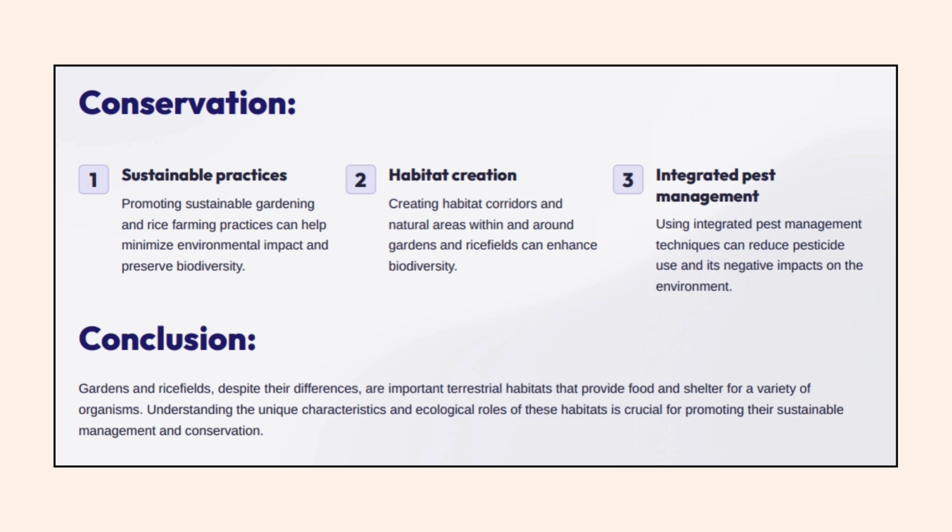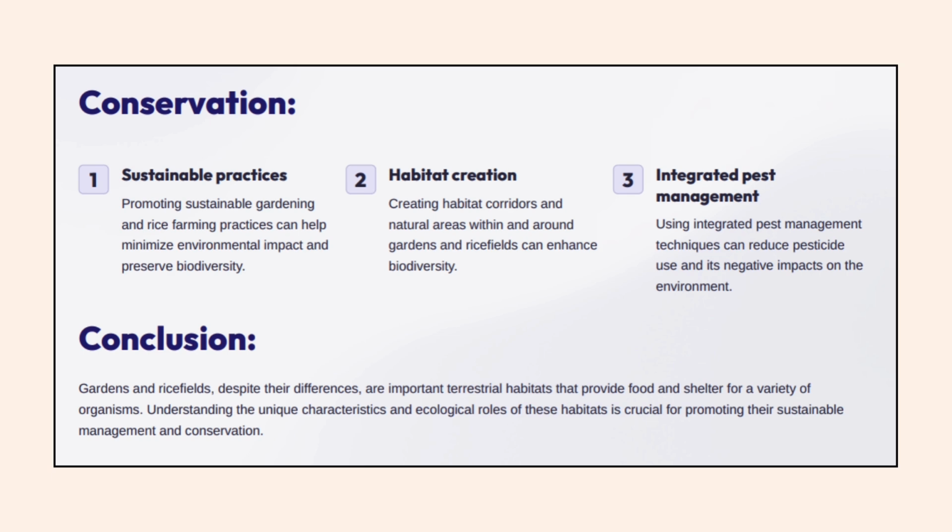Habitat creation, creating habitat corridors and natural areas within and around gardens and rice fields can enhance biodiversity. And integrated pest management, using integrated pest management techniques can reduce pesticide use and its negative impacts on the environment.